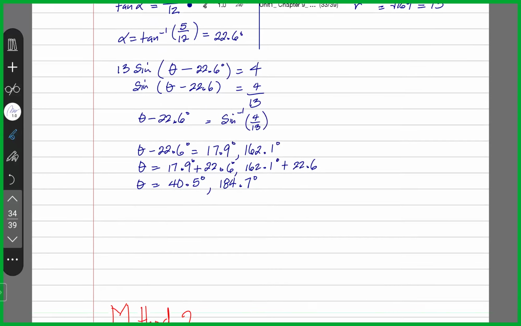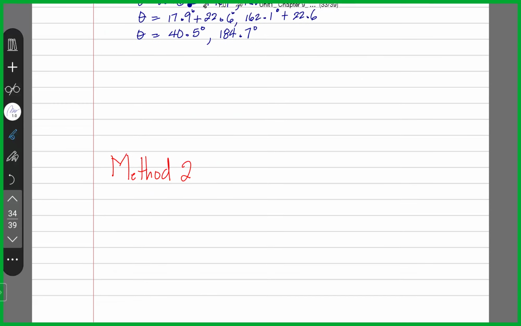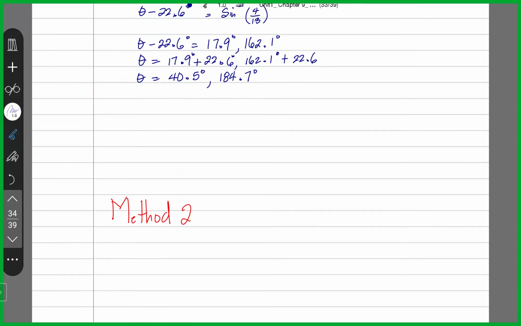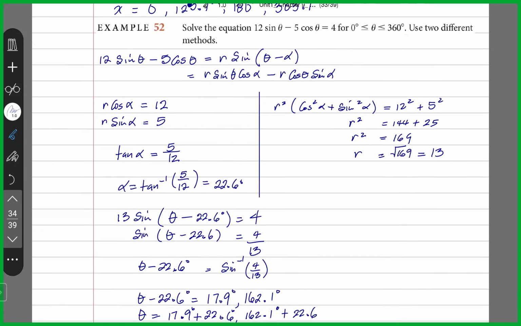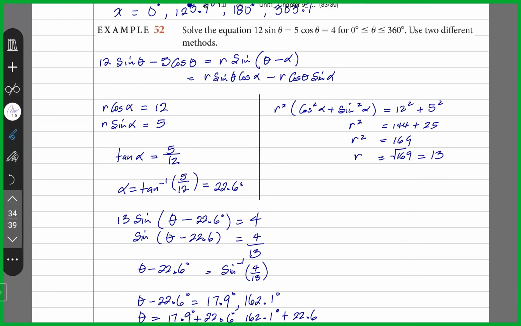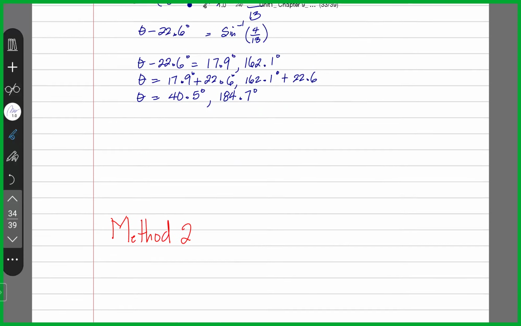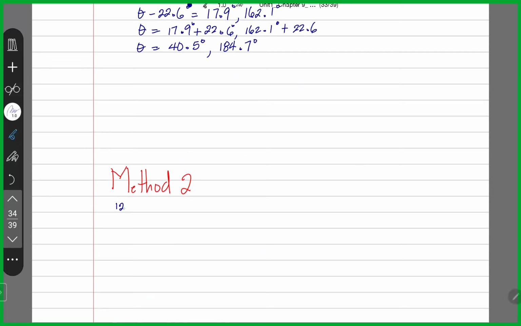Now, I told you I would at least discuss this other approach, even though I doubt I'm going to go into the solution of it. We're trying to solve the equation 12 sine theta minus 5 cos theta is equal to 4.